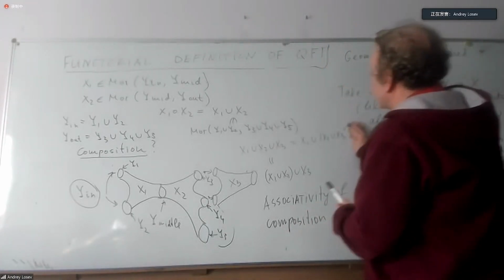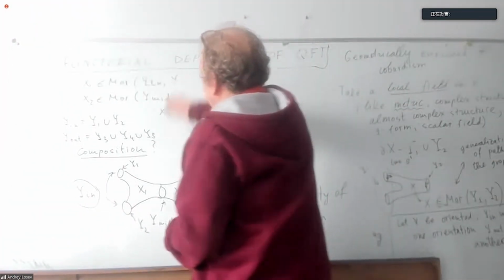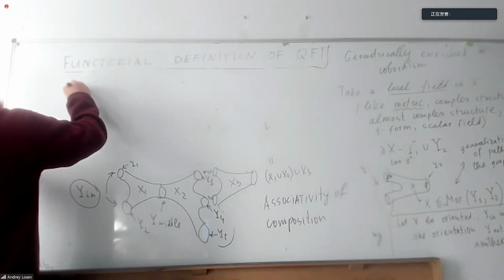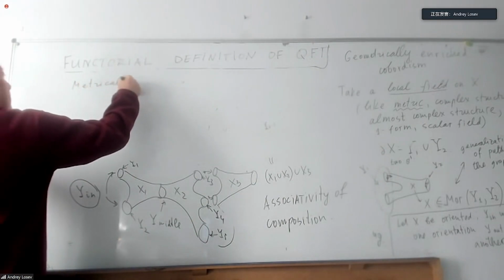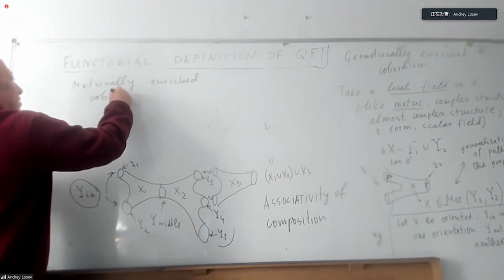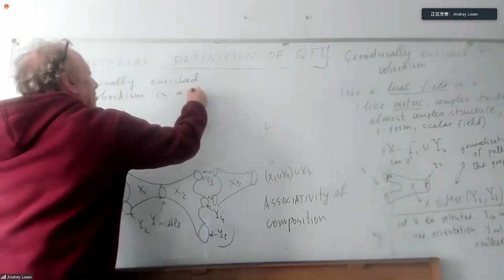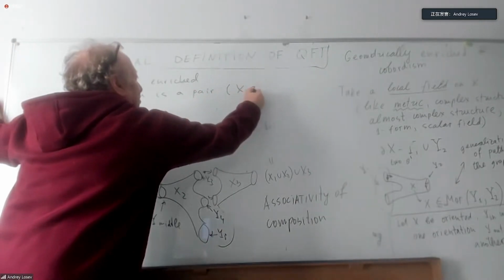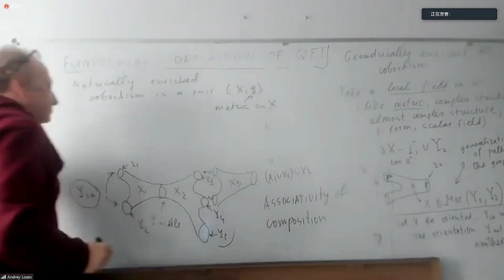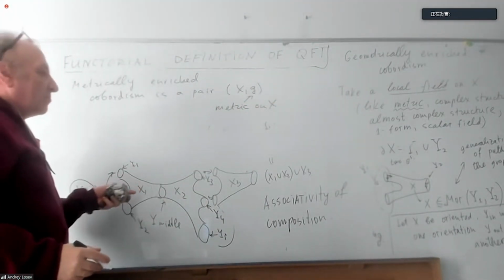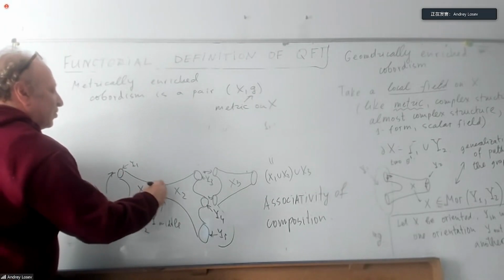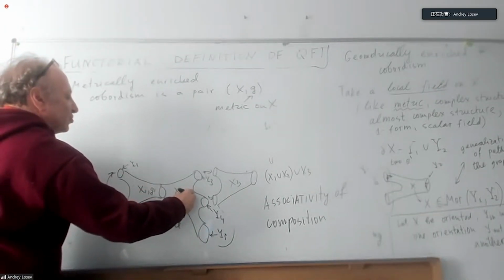And consider a metrically enriched object, which is a pair X and G, where G is nothing but a metric on X. Now, what about composition? Here we have X1 and metric g1. Here we have X2 and metric g2.